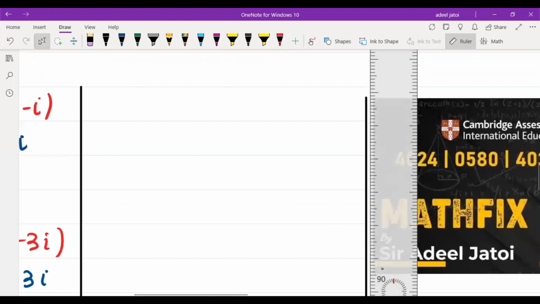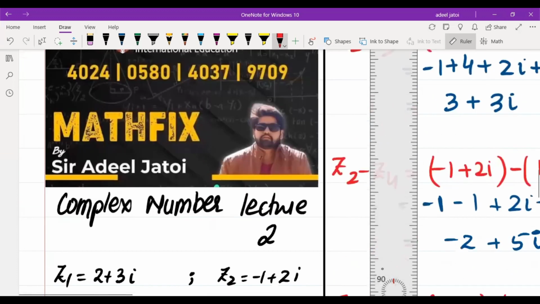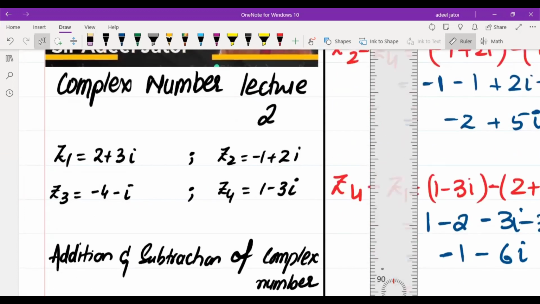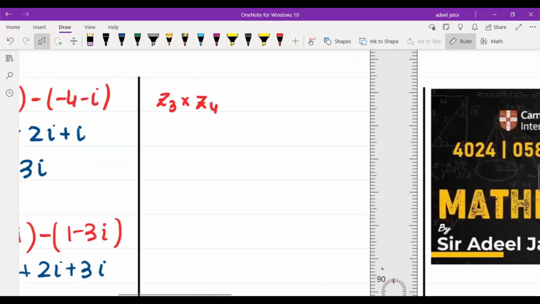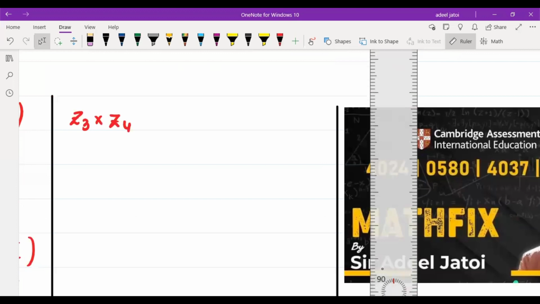Let's multiply Z3 into Z4. Looking at the data again, Z3 is minus 4 minus iota, and Z4 is 1 minus 3 iota. So minus 4 minus iota multiplied by 1 minus 3 iota.